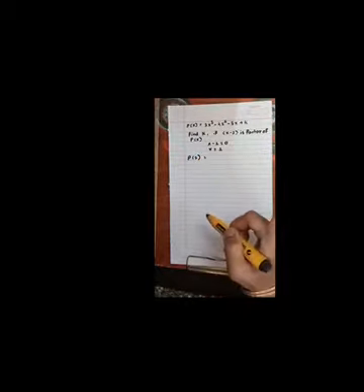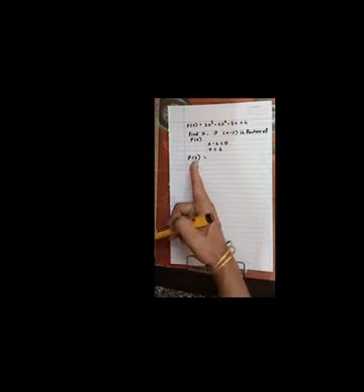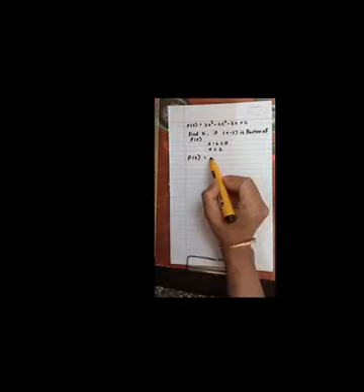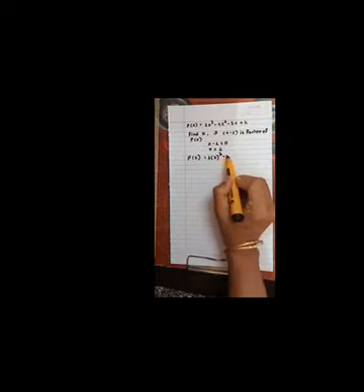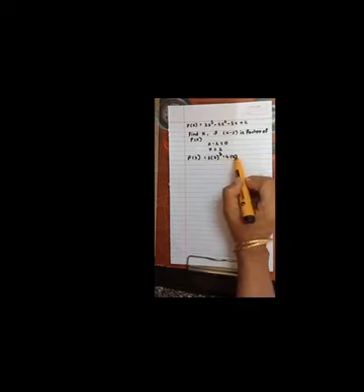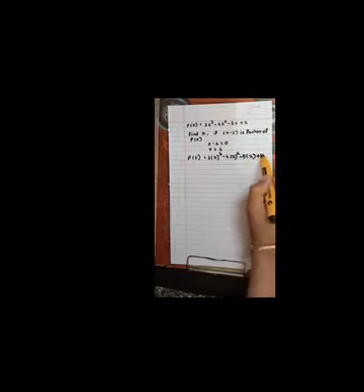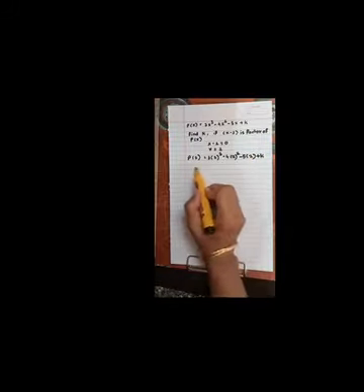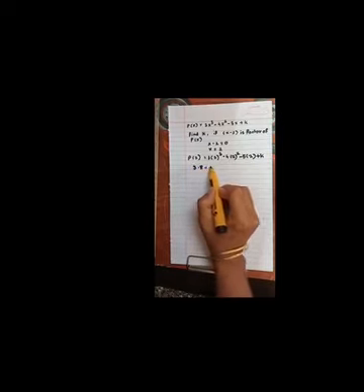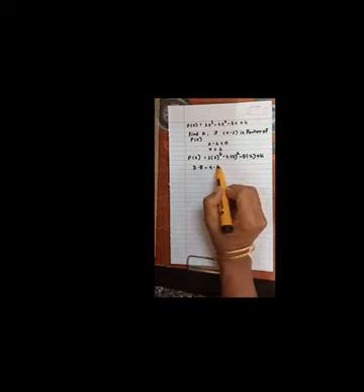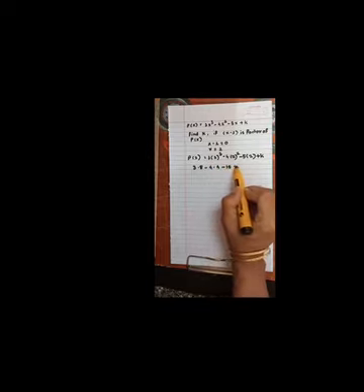As 2 is the zero of the factor of p(x), equate it to 0. So 3 into 2 cube minus 4 into 2 square minus 5 into 2 plus k. Equate it to 0, so you get 3 into 8 minus 4 into 4 minus 10.